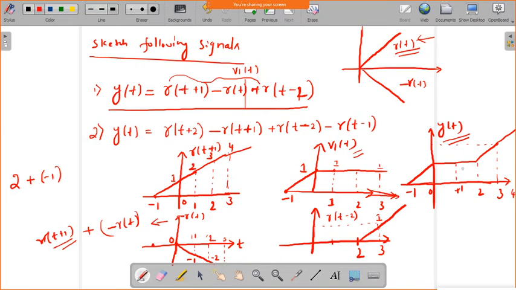Now at index value 3, what is the amplitude? It is 1, and here it is 1. So 1 plus 1 gives amplitude 2. And similarly it goes on increasing till t is infinite. So this is your y of t. Is it clear? Any doubt?